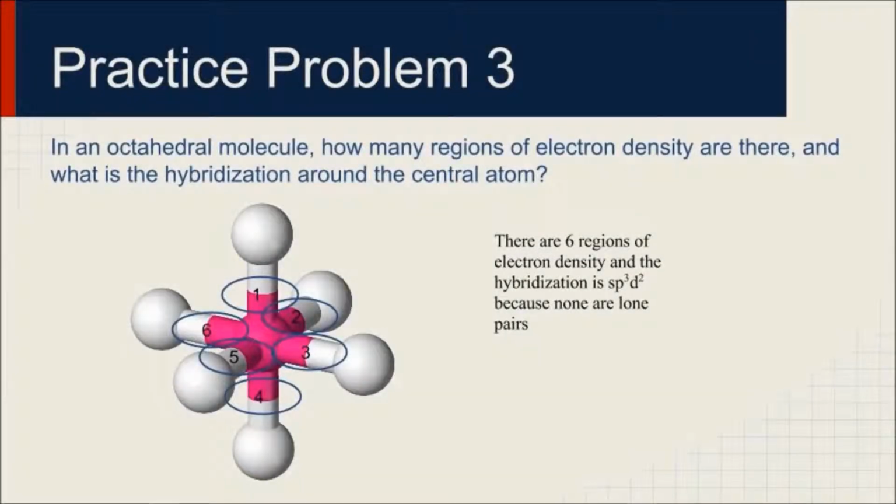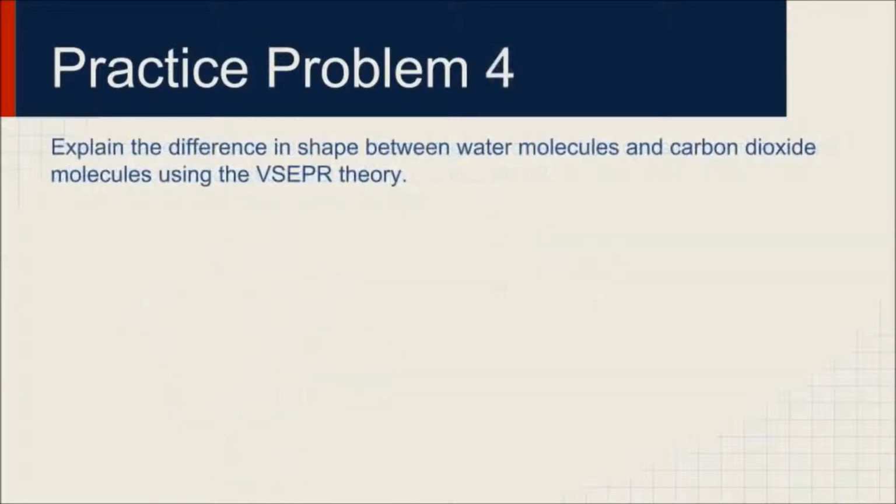In an octahedral molecule, there are 6 regions of electron density, and the hybridization is sp3d2 due to these regions of electron density. For our final problem, explain the difference in shape between water molecules and carbon dioxide molecules using VSEPR theory.